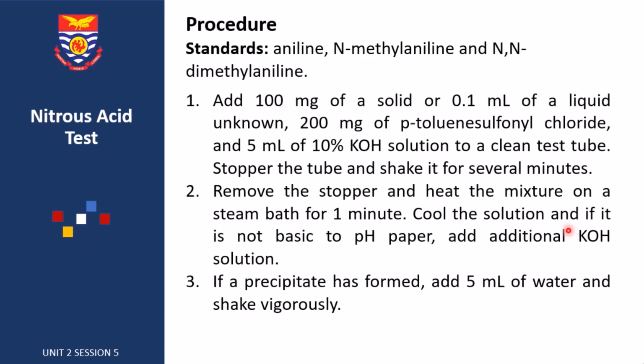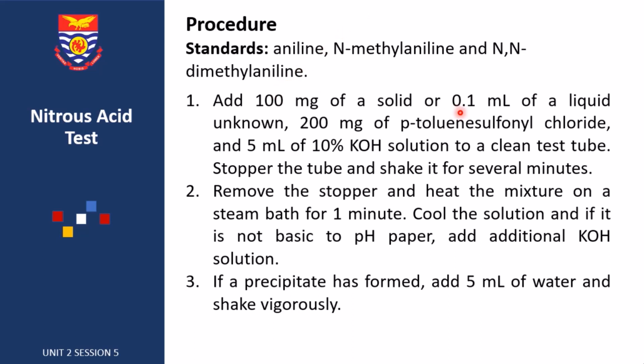And then of course in the lab, this procedure was performed. This procedure was used to identify your unknown amine. If it was a solid, you need 100 milligrams of it.